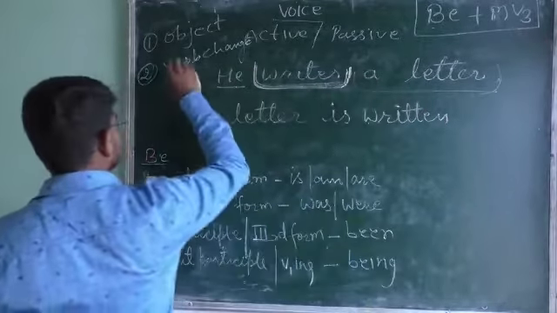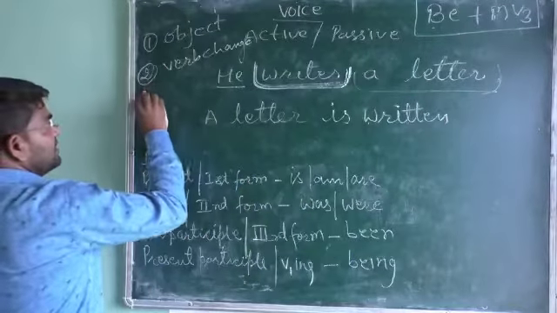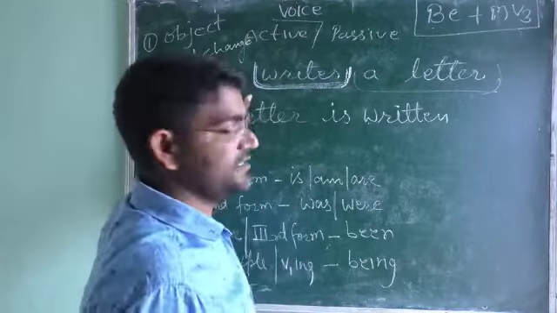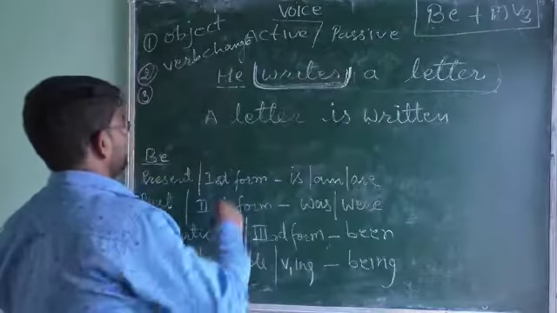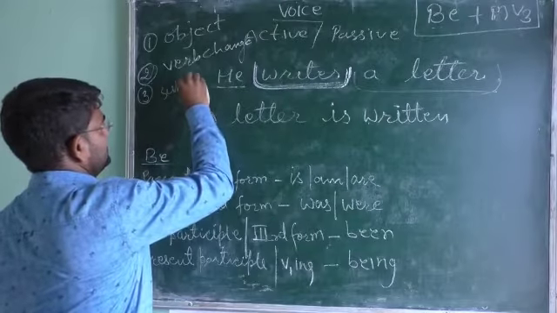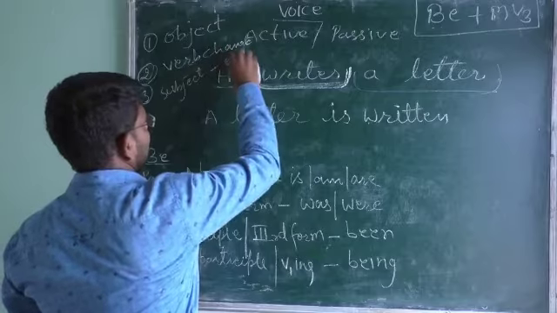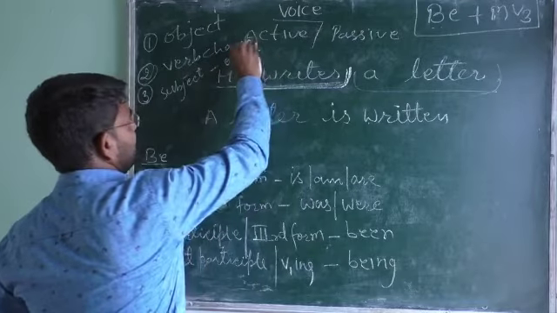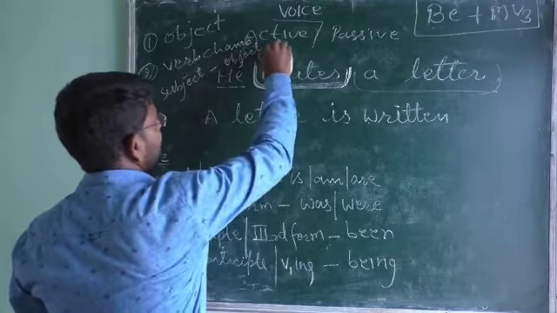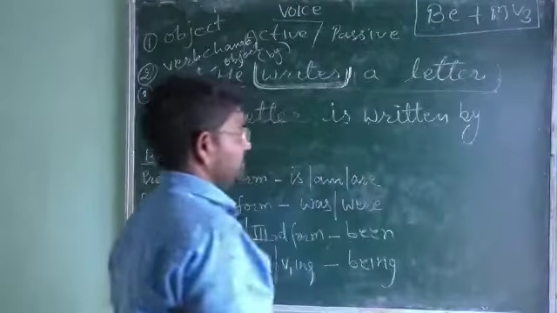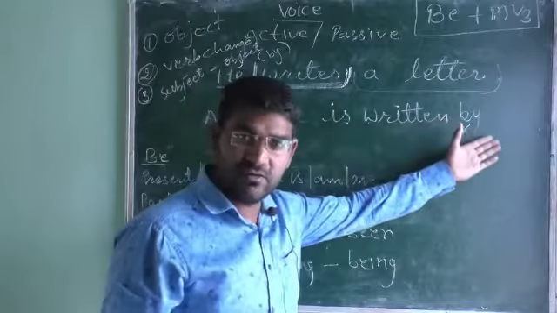This is the second rule, and the third rule is we make the subject into an object using the word by. By, and the objective form, because we are using it as an object.